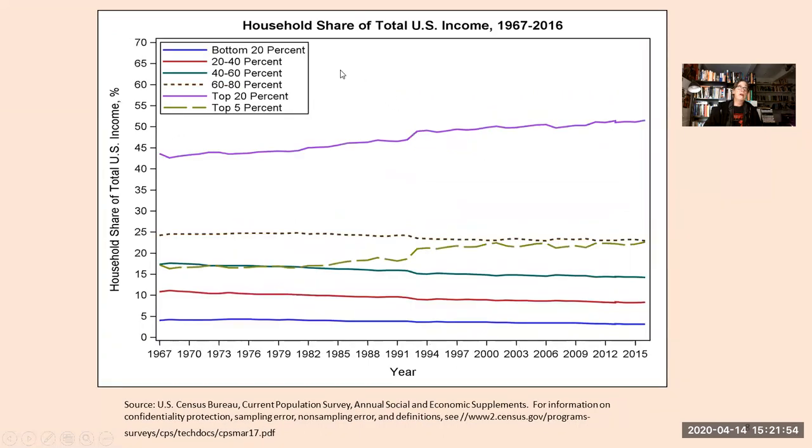This is another graph looking at it from a different point. What share of total U.S. income do households have? And again, it's split into fifths plus the top 5%. So the bottom 20%, those households making less than whatever that number was that we saw on the other.